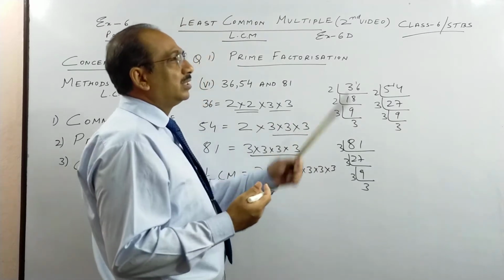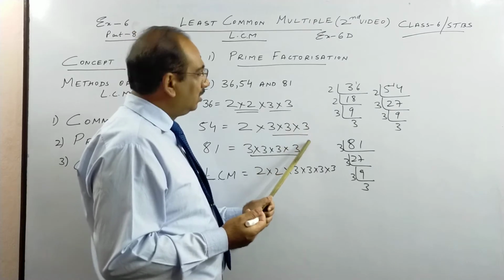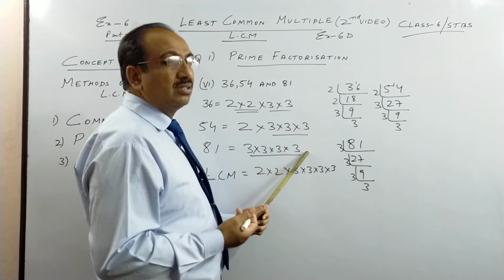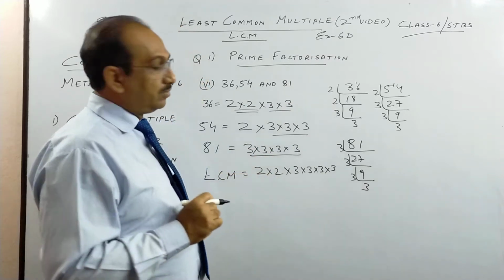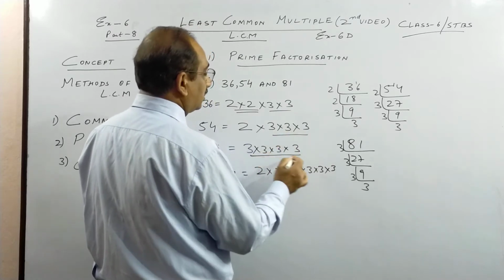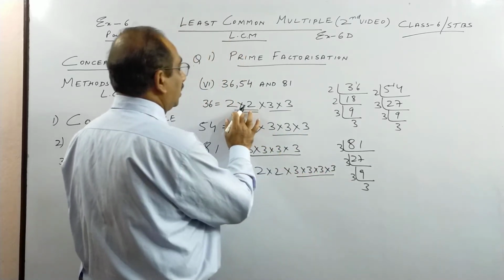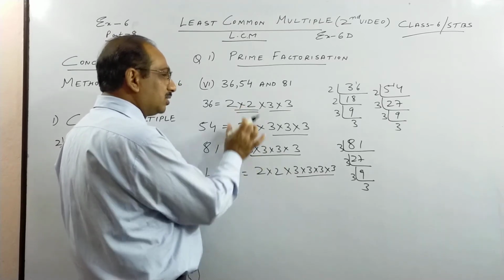Actually there is a power method, but you are in class 6. This is 3 squared, this is 3 cubed, 3 to the power 4. We take the maximum. I am not going to powers because I think indices you will do in class 7. So maximum number of times: 3 twice, 3 thrice, 3 4 times. I take 2 twice, 2 once, and there is no 2 in 81, but you don't have to see if it is common to all.